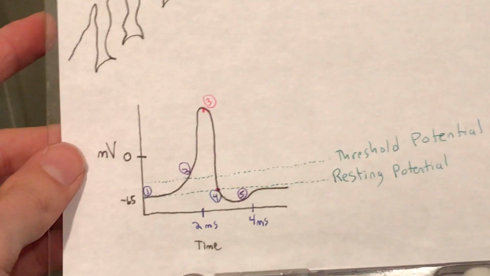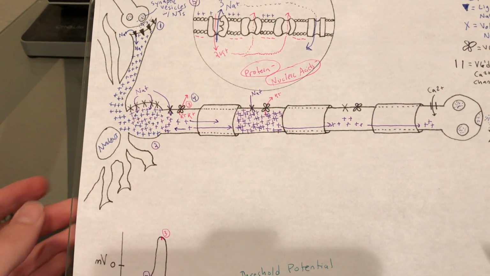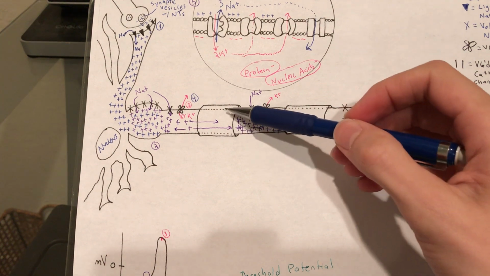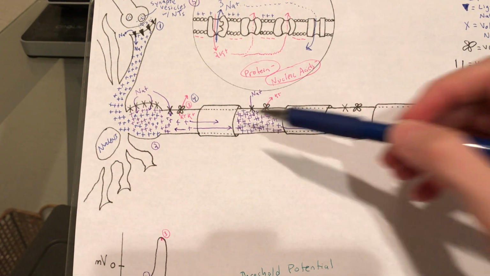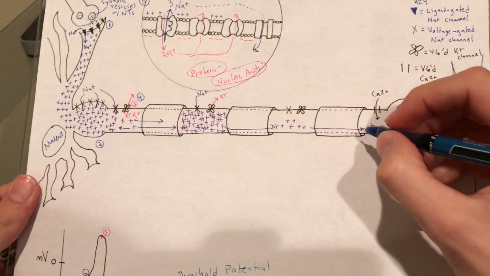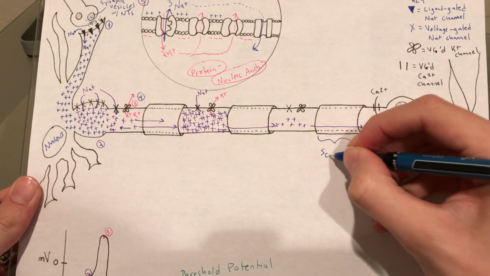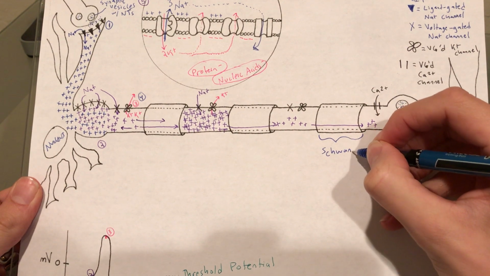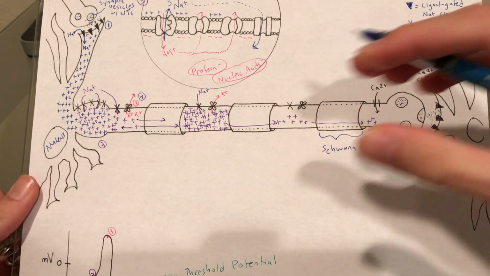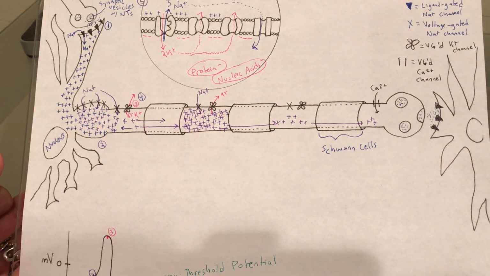So that's all the complex stuff there. In case you're curious about some of these other structures, these guys here are the Schwann cells. The Schwann cells are the cells that coat segments of the axon in the peripheral nervous system, and they pretty much make up the myelin sheath, which is going to insulate the neuron.